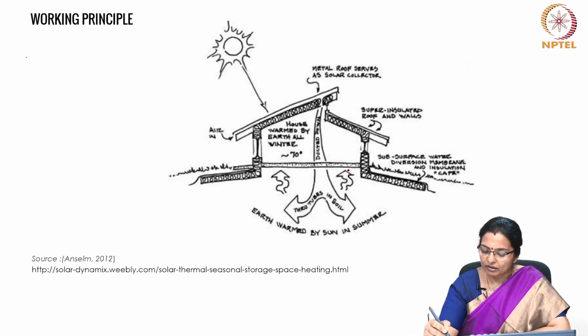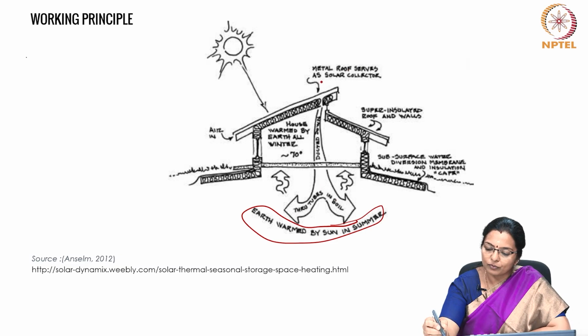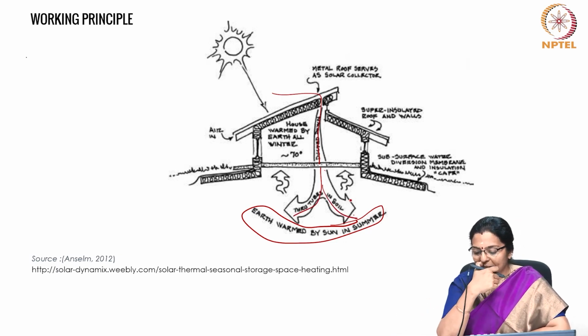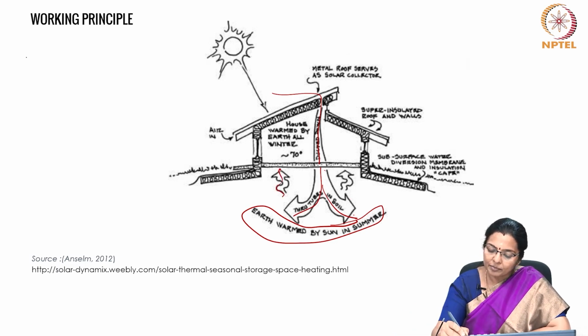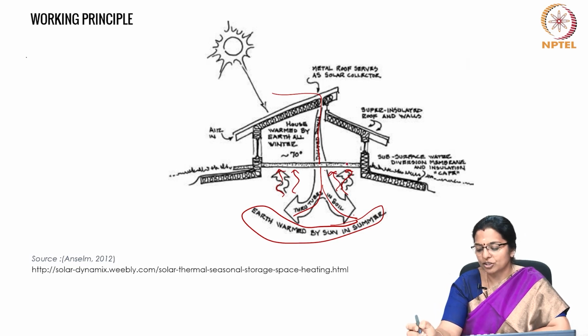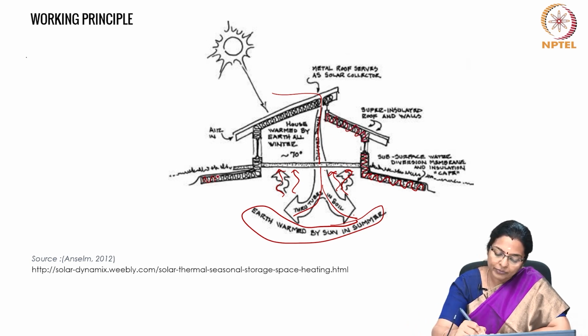The warmth of the earth in summertime is tapped through tubes in soil, and the metal roof serves as a solar collector, and through tubes the soil is heated and kept warm, and during winter it radiates back to the house, maintaining the indoor temperature of the house. But in that process, insulation of all the envelope of the house is very important.